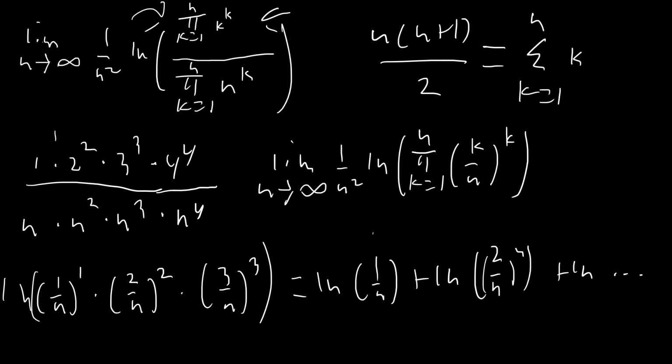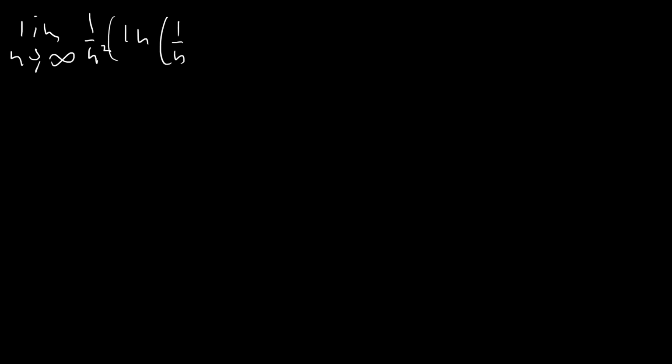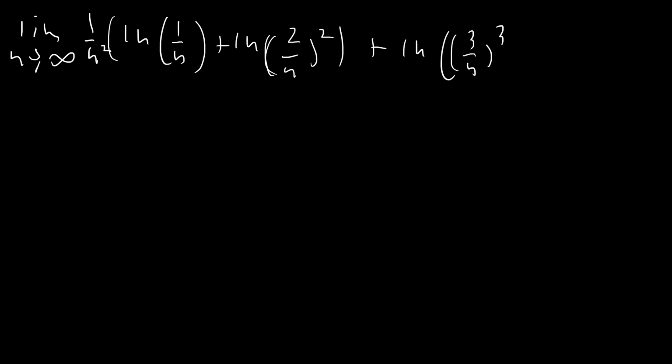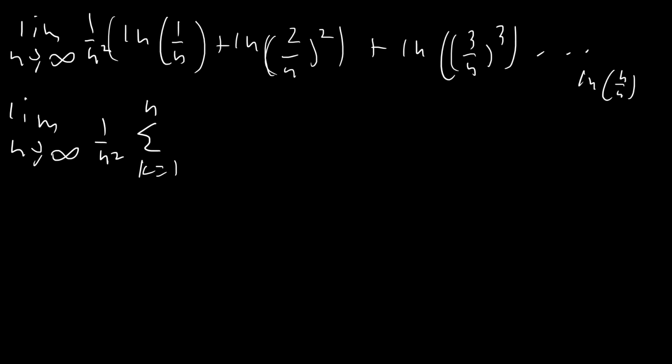So let's go ahead and convert that into a sum. As we said, this was ln 1 over n plus ln 2 over n squared plus ln 3 over n cubed, and we could go so on and so forth. But if we just use our sum notation, this is going to become the limit as n goes to infinity of 1 over n squared times the sum from k equals 1 to n, since our last term will be ln n over n to the n, right, of ln k over n to the k power.